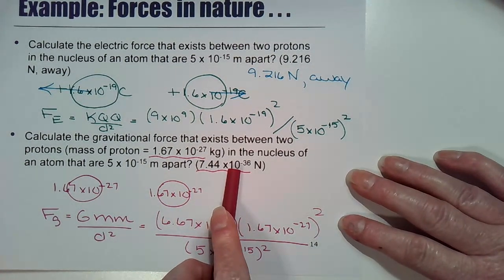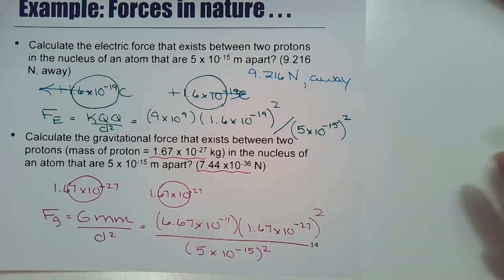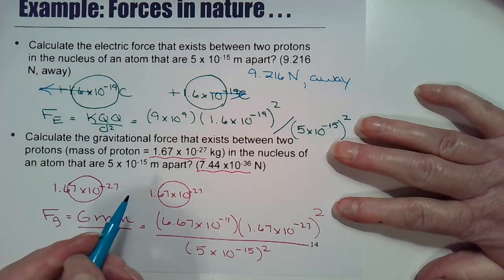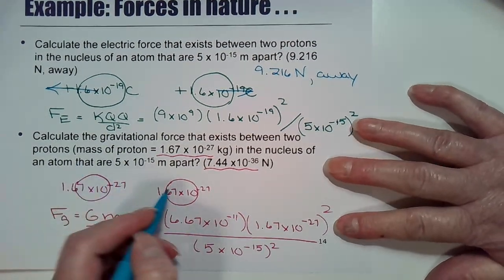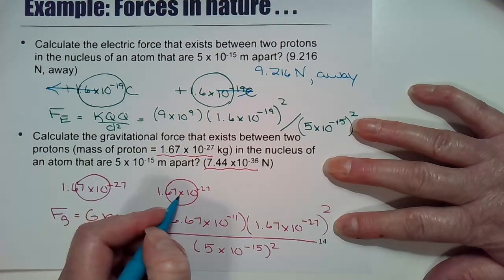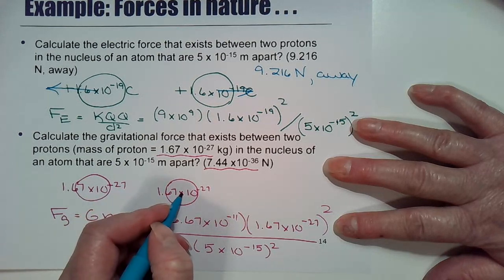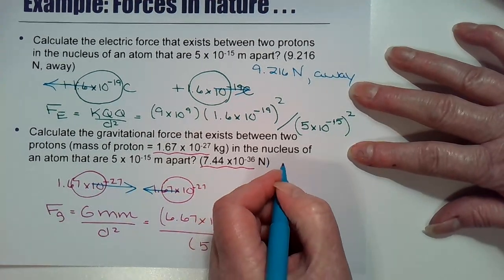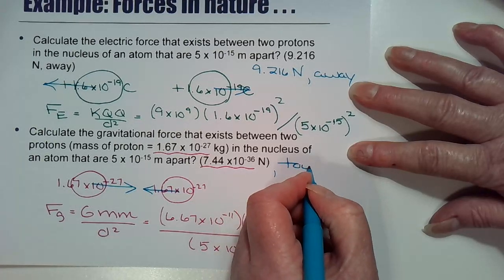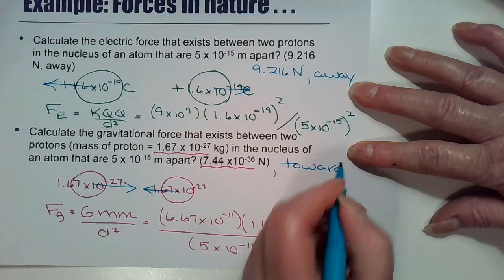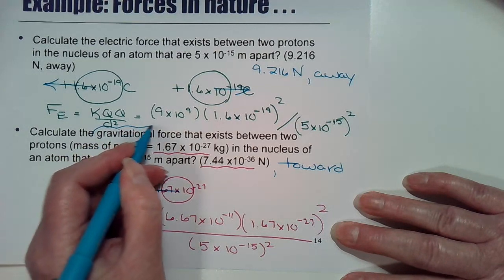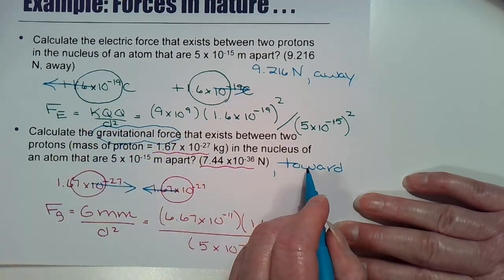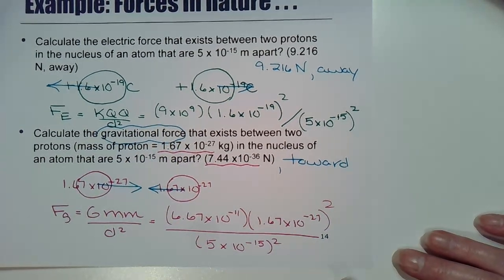That's way smaller than that. And we didn't do this back in the day, but now I'm going to add it on. What's the direction? Well, they are attracted to each other, so I would have to add on toward. Every time I do gravitational force, it's toward. They're always attracted to each other.